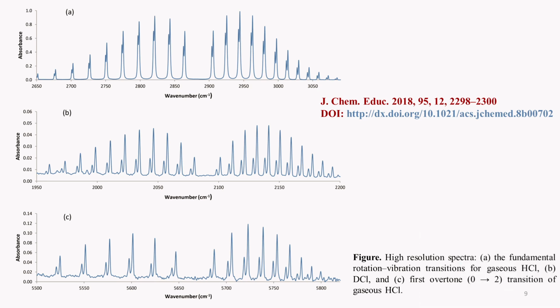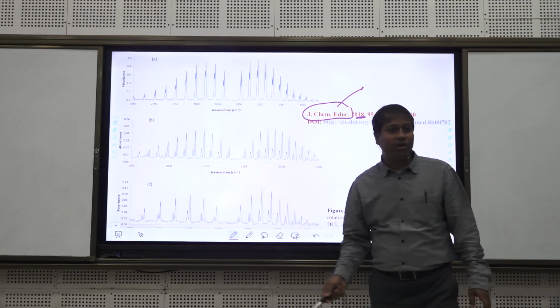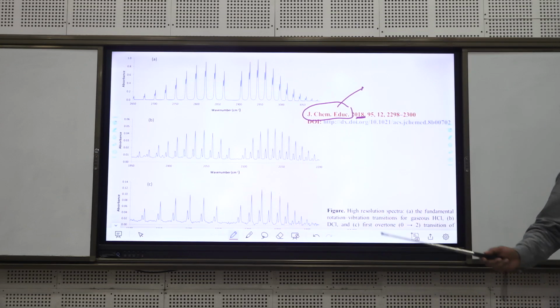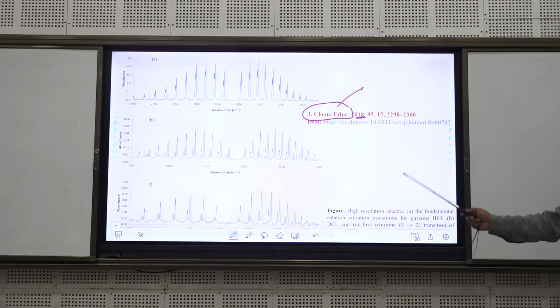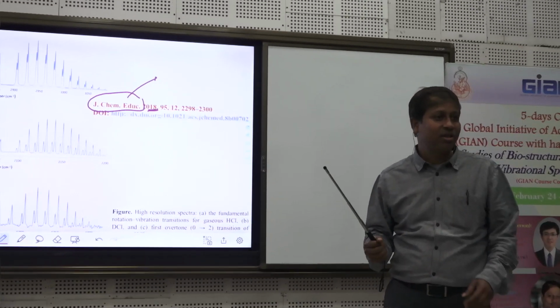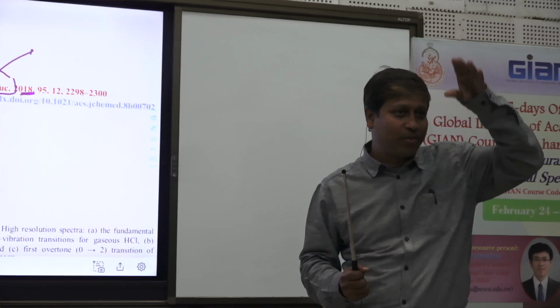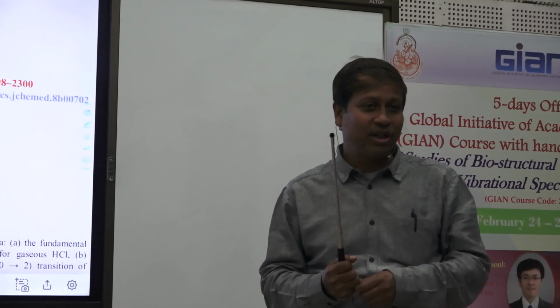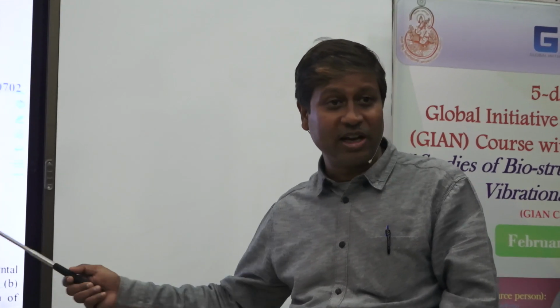This is reported by a researcher from Johns Hopkins University. Johns Hopkins University is a top-ranked university. So imagine they are doing work on the HCl molecule, which is supposed to be a very traditional one.